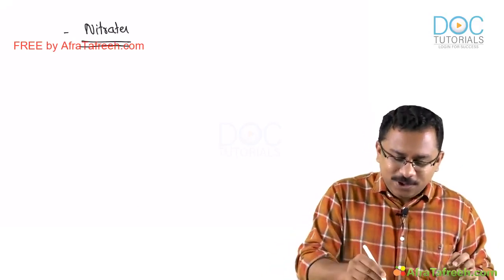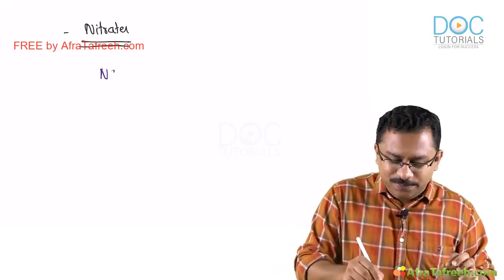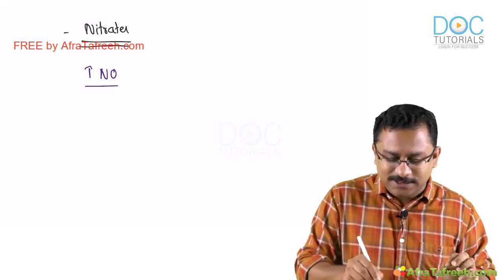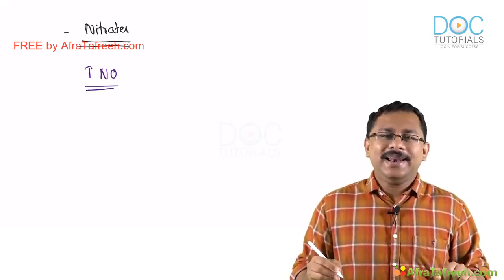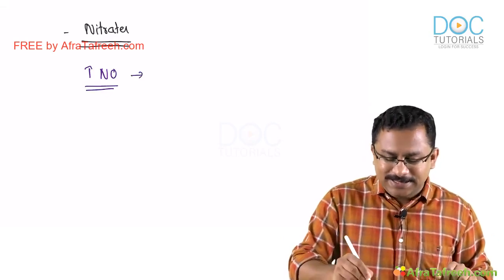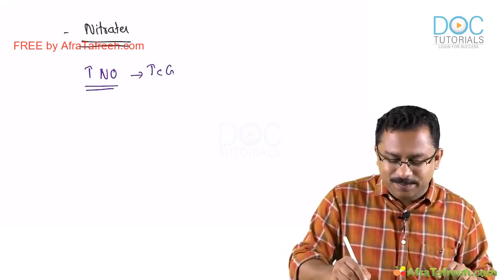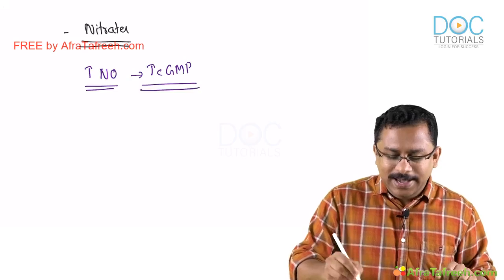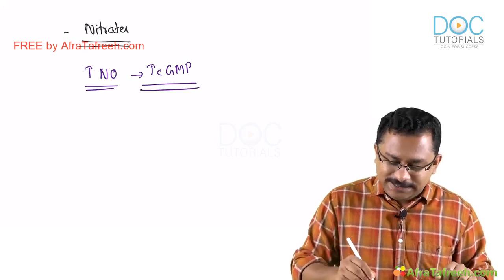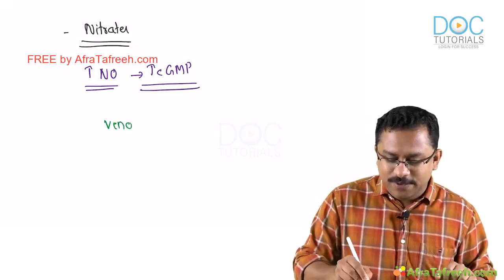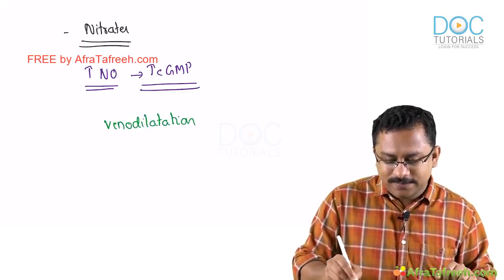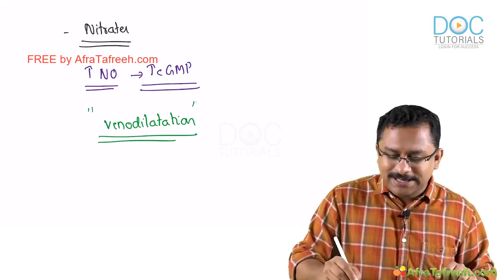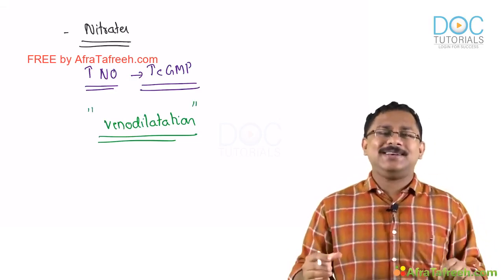Nitrates release nitric oxide, increasing the nitric oxide concentration, and subsequently that results in increased cyclic GMP as well. And what is the end result of this? There is a dilatation, especially venodilatation. Very, very important. So nitrates are predominantly venodilators.